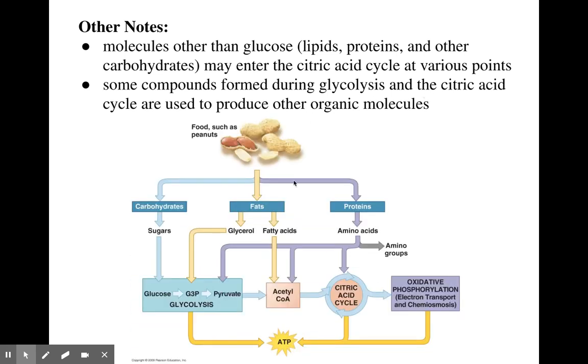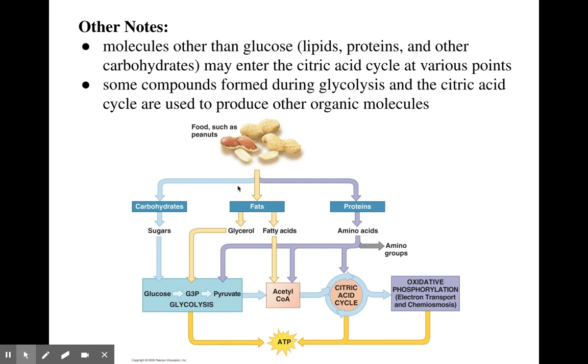The other thing, and this probably comes into the idea of keto diets and stuff, is that we don't necessarily have to have glucose, but glucose is really the main thing that we use. That's what our bodies and our cells are meant to break down. So that's what it does first.